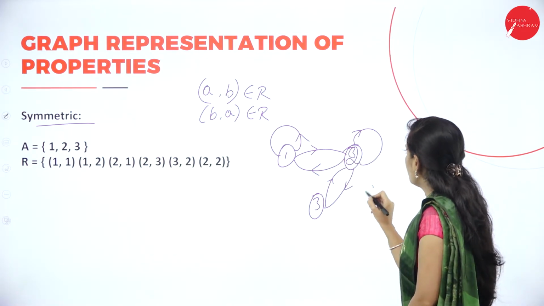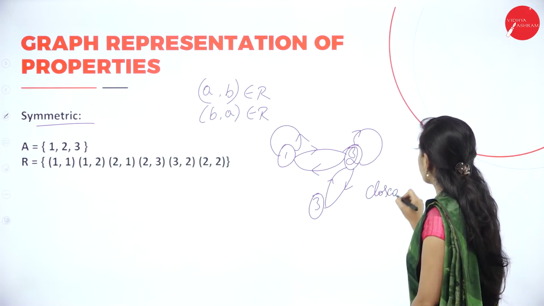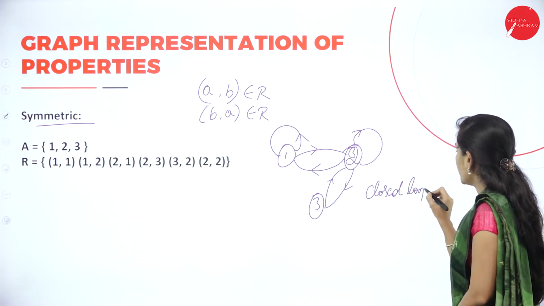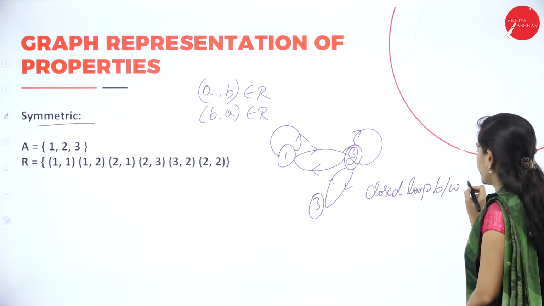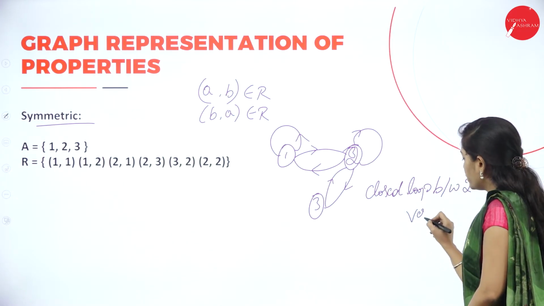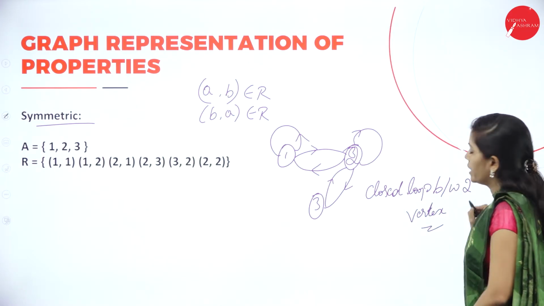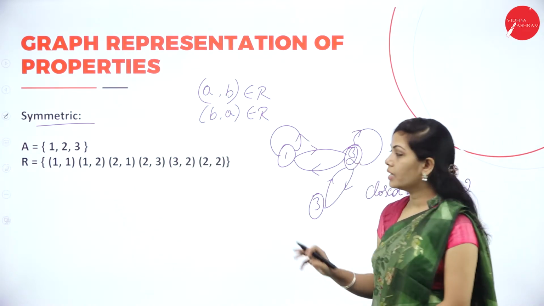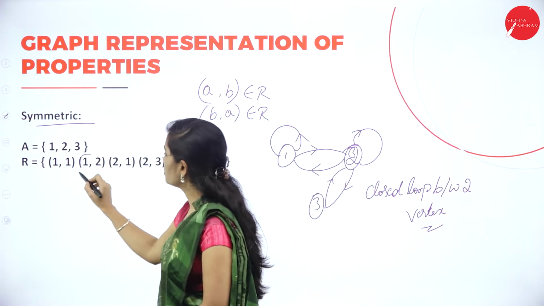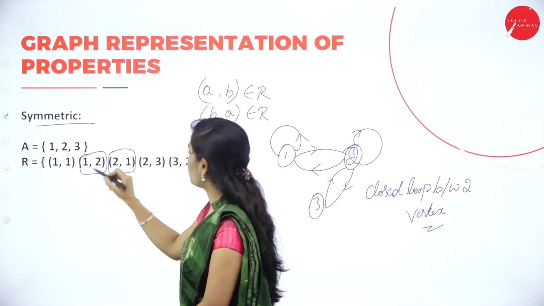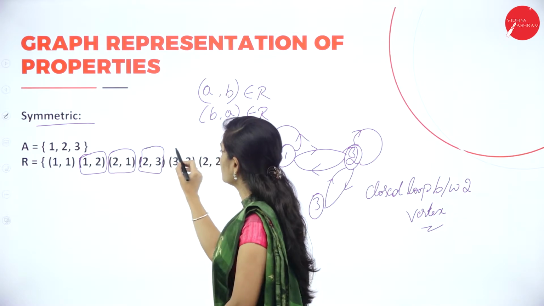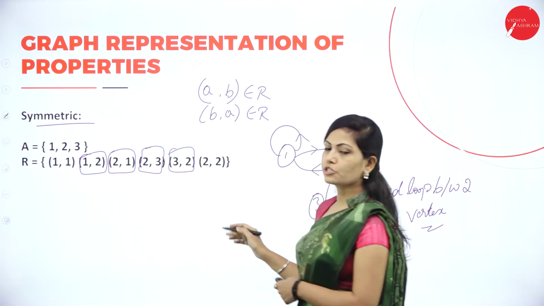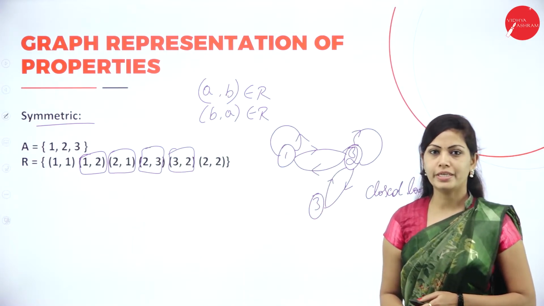So closed loop between 2 vertices means it is a symmetric property. It holds the symmetric property, that means 1 to 2, 2 to 1, 2 to 3, 3 to 2. This is called the symmetric property.